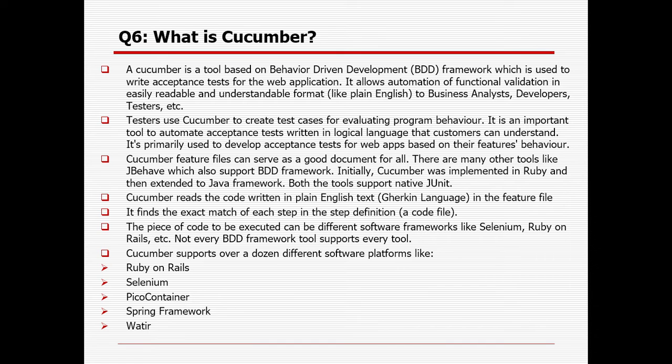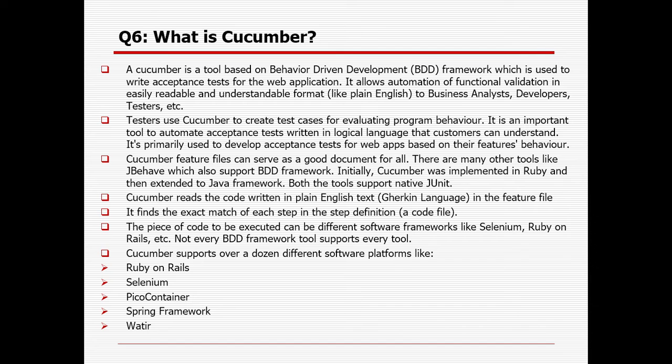Cucumber is a tool based on the behavior-driven development framework, which is used to write acceptance tests especially for web applications. It allows automation of functional validation in an easily readable and understandable format to business analysts, developers, testers, product owners, scrum masters, and so on.